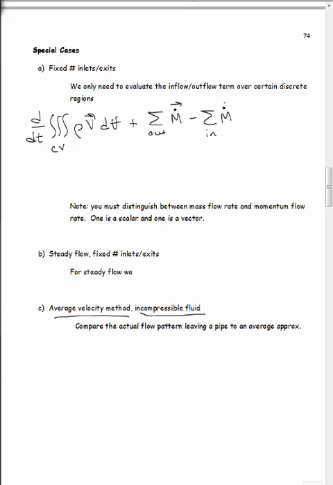This is a momentum flux term, not mass flow rate. And I'm going to define that right here. And that's going to equal your sum of your forces. So big M dot vector is just what we had in that integral, or it is that integral. This time it's over an inlet or exit instead of the whole control surface.